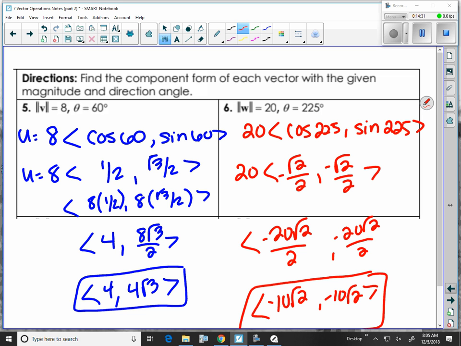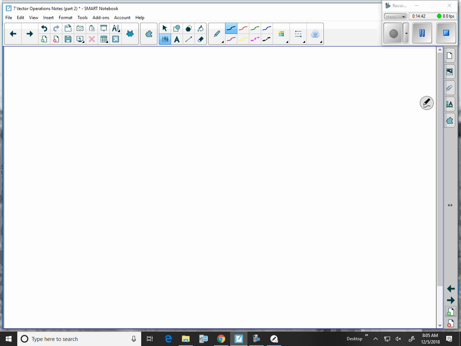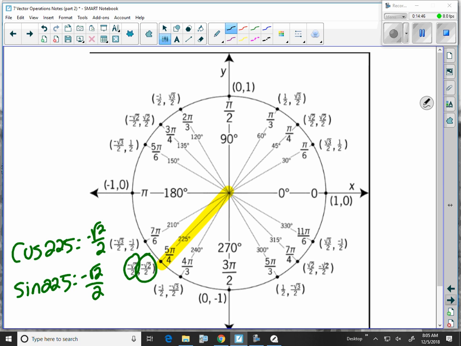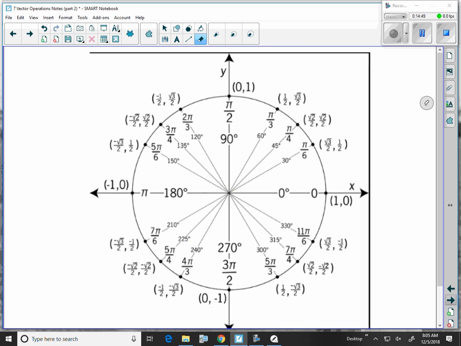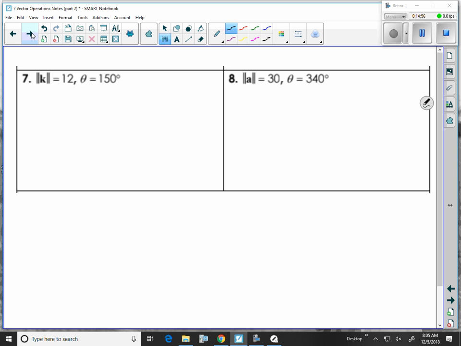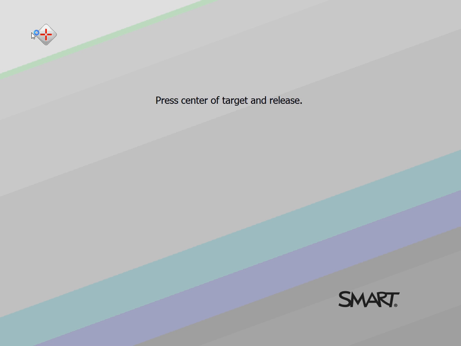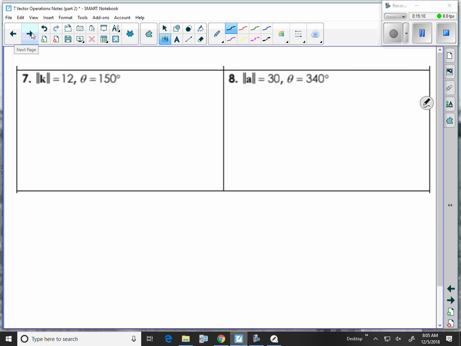I want you to see if you can just get the setup for number 7. Give it a shot. You should have that. 12 cosine 150, sine 150.